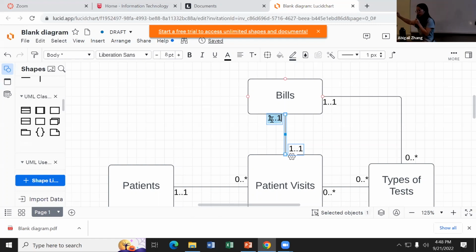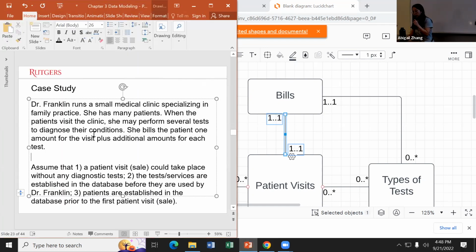And this says one patient visit is associated with one and only one bill. That should be correct, right? Because from the description, we know that the doctor bills one amount for that visit. So yes, one visit is associated with one bill.